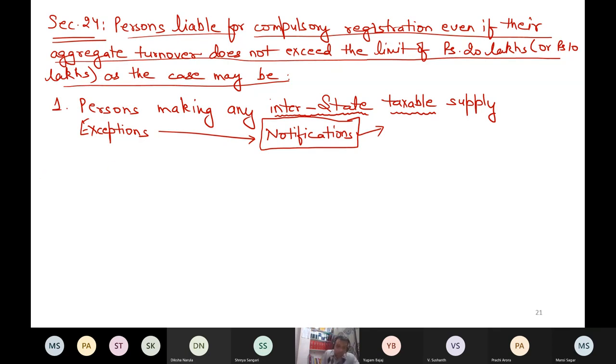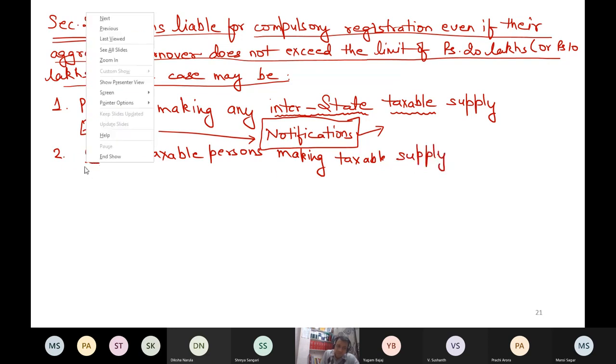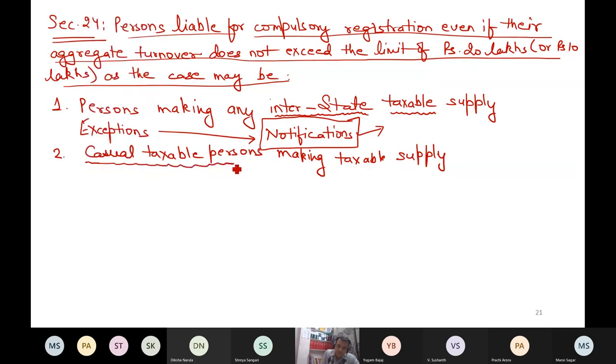Second point, casual taxable persons. There are some casual taxable persons, that is the definition given in section 2, who are not a regular businessman, you can say.